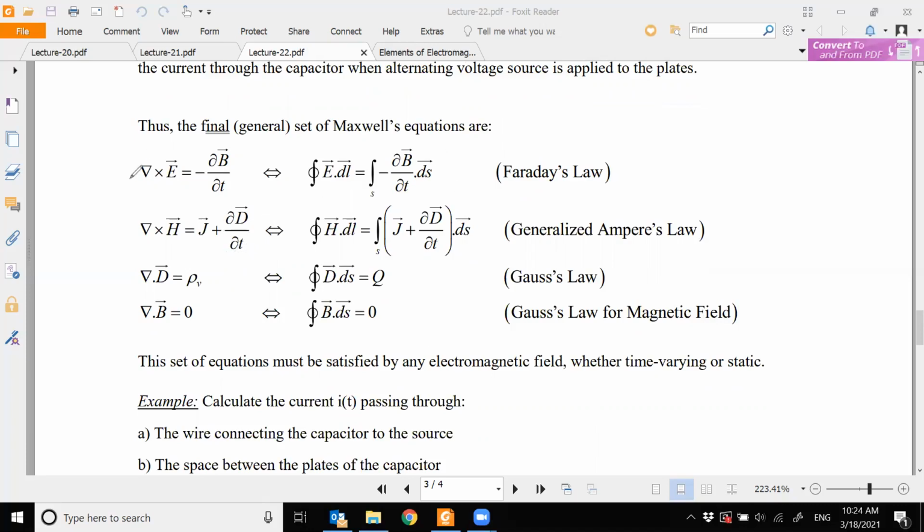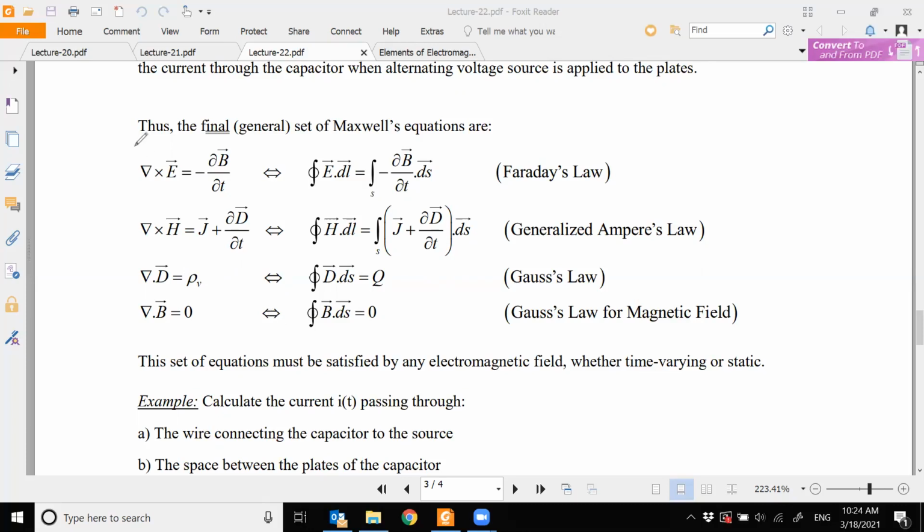And now the Maxwell's equations are del cross E bar is minus dou B bar over dou T, which is our Faraday's law, or in integral form, it is this one. Second is Ampere's law, but I would say generalized Ampere's law because of the addition of this. So del cross H is J plus dou D bar over dou T, which is this one. Then the Gauss's law of electric field and the Gauss's law of magnetic field remain the same.